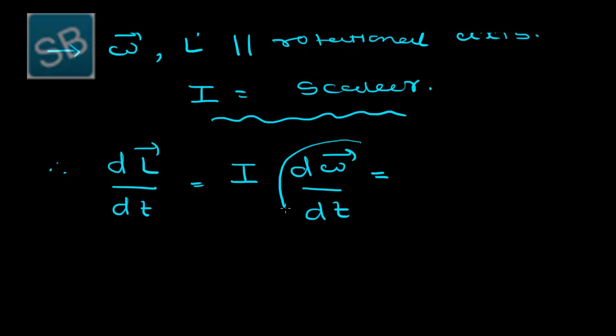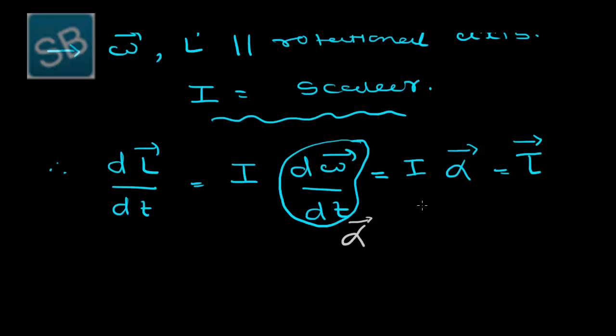This change in angular velocity with respect to time is the angular acceleration alpha. So I can simplify this as I alpha vector, and this dL by dt is the torque, tau. So this is another relation between torque and acceleration.